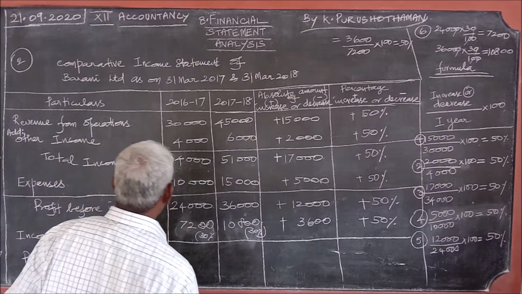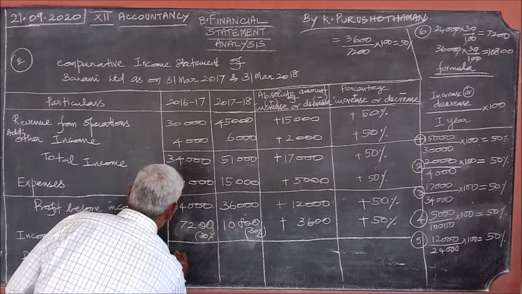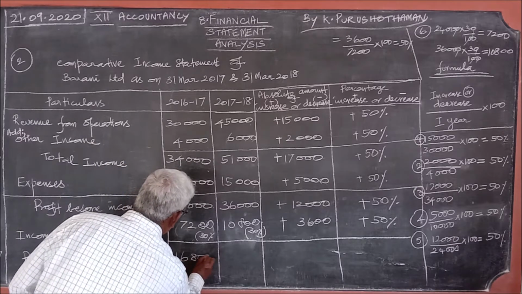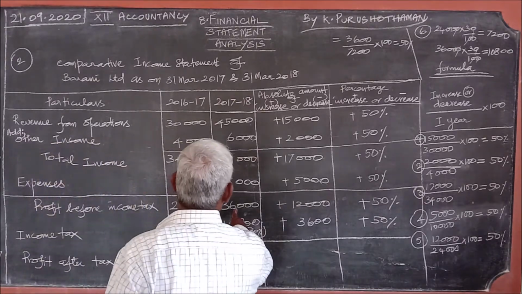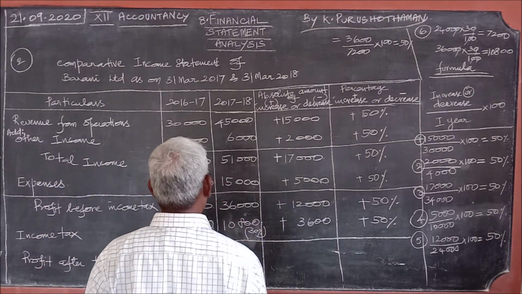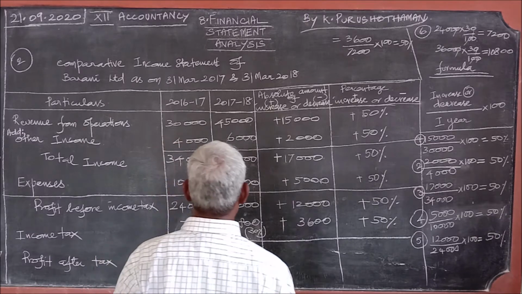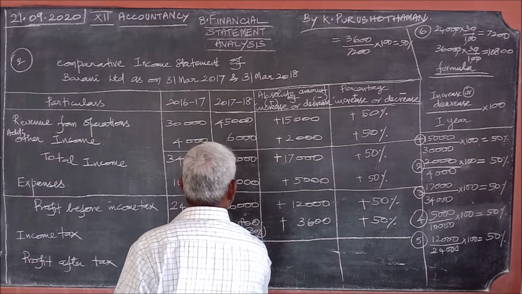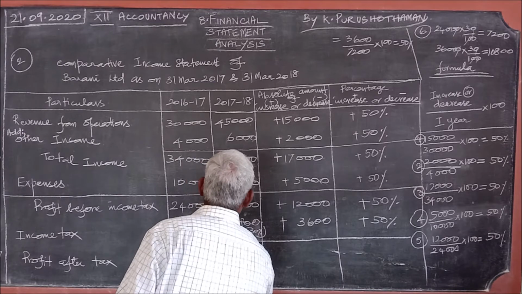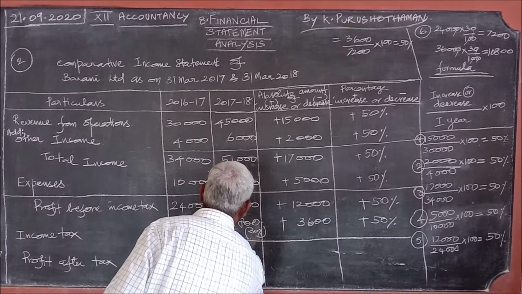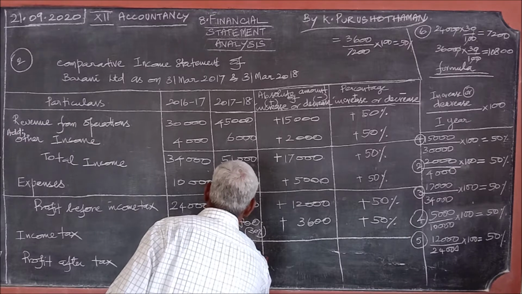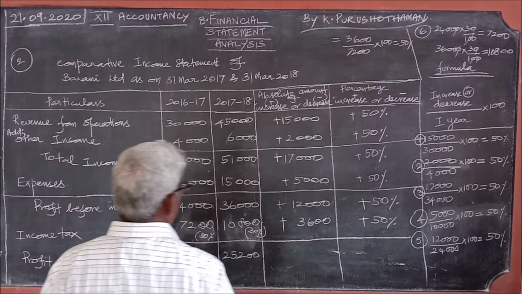It is 16,800. From 36,000, minus 10,800. That is 25,200. That's all.